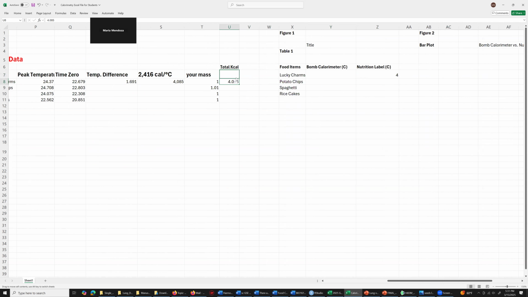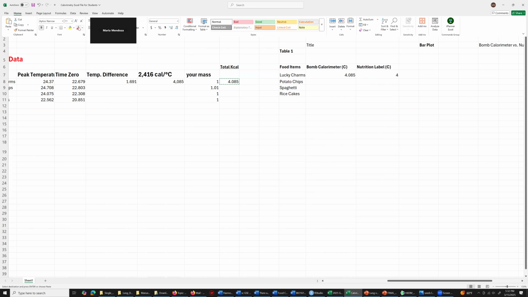So we just basically control copy and we just put it over here. So we're just comparing what did we calculate versus what did the label say? So we can see that for Lucky Charms, this was really accurate. So that's awesome. So you guys just have to fill up this table and then fill up this table. And then these are the figures that you're going to be turning in on your report.